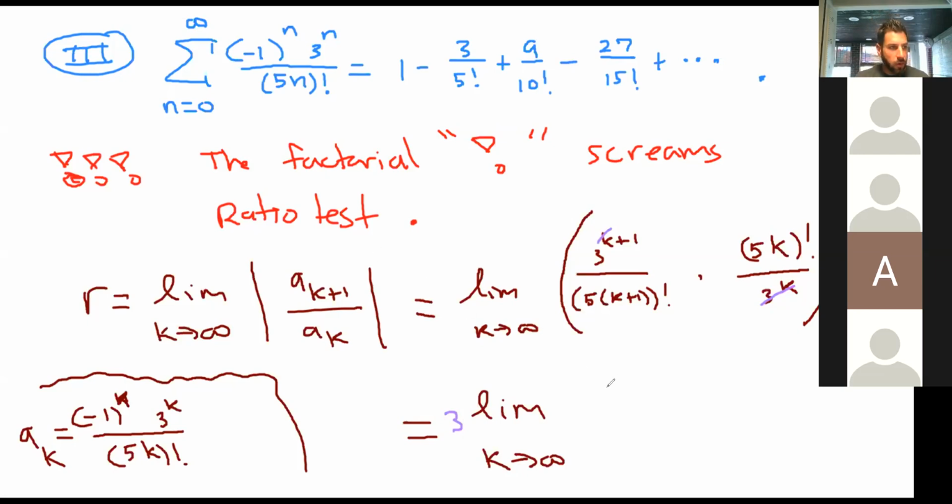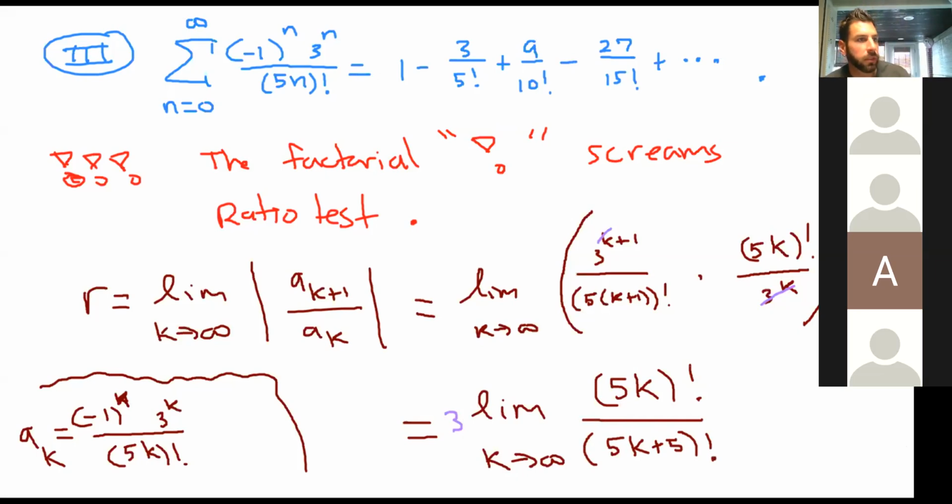And then I still have 5k quantity factorial divided by 5k plus 5, and I'm going to distribute that 5 in the factorial. I don't want to go to the next page if someone has a question of how I got what I got. But I'm canceling those common factors of the 3's, and it leaves me with this.